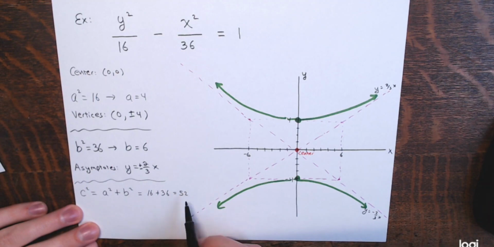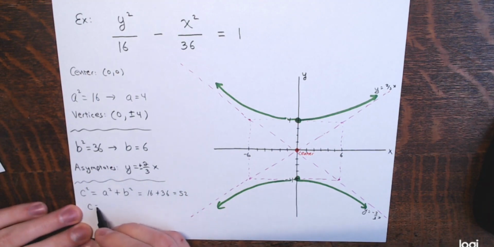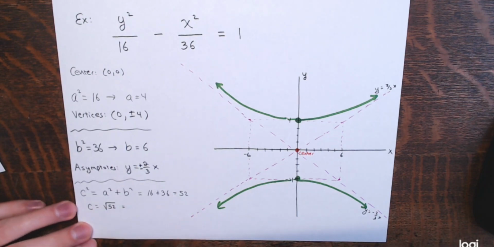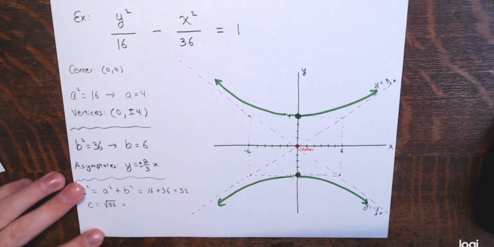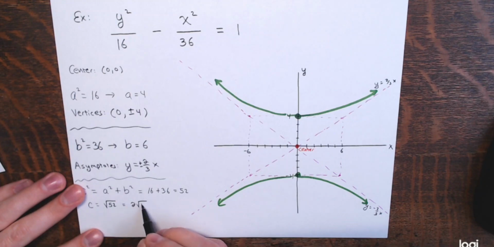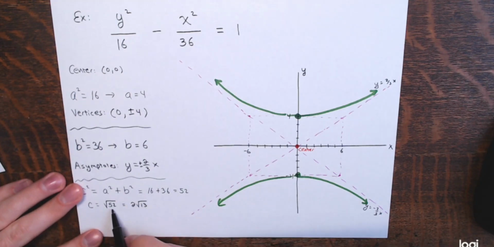So c is the square root of 52 units. Now the square root of 52, that's 4 times 13, so that's 2 times the square root of 13. And the square root of 52 is going to be between 7 and 8 units.